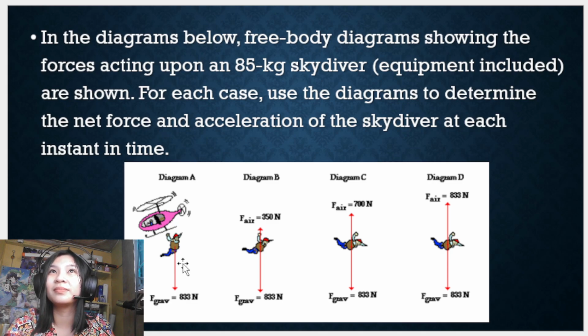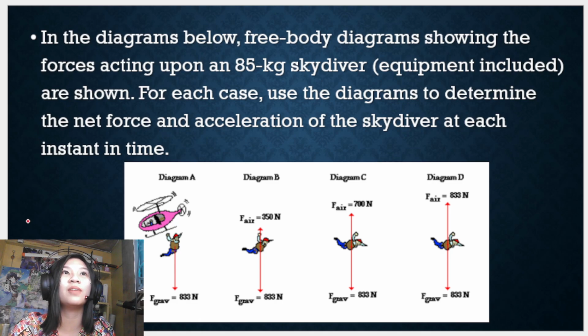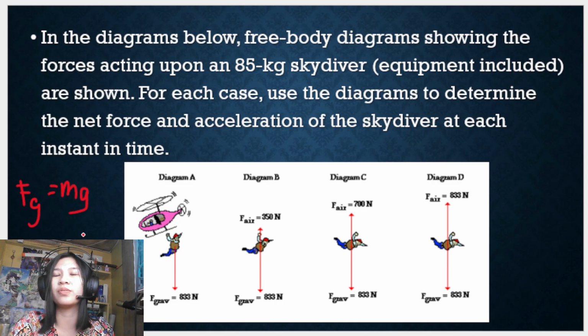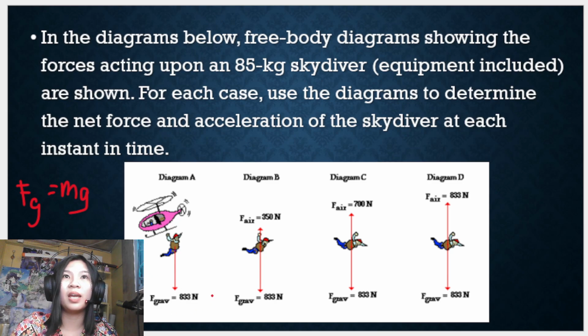With that, para makita nato si FG, diba, remember ninyo FG is equal to mg. Now, the mass is 85. The g, let's say the g is 9.8. So, sa diagram A, the FG is 833.